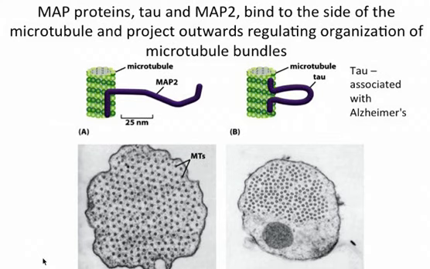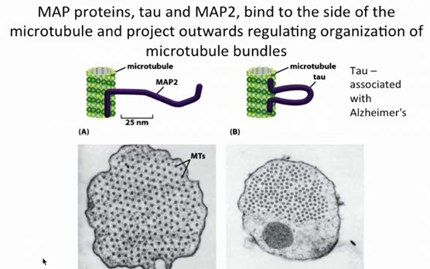Tau, I don't know who's had any experience with Alzheimer's, but you might recognize tau as something that's associated with Alzheimer's. So this right here is, I believe, from an axon, and it's just showing the microtubules. See how they're evenly spaced?